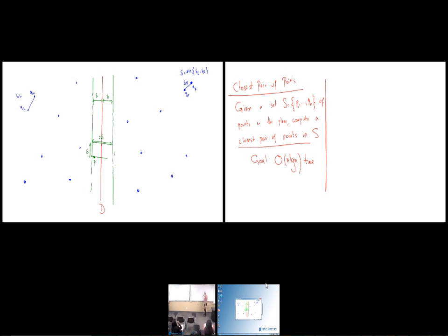I'm going to take this rectangle and subdivide it further into squares. How do I divide into squares? I pick the middle point here, the middle point here, the middle point here, the middle point here, and I'm going to join these.